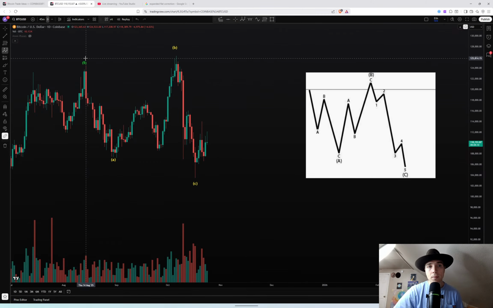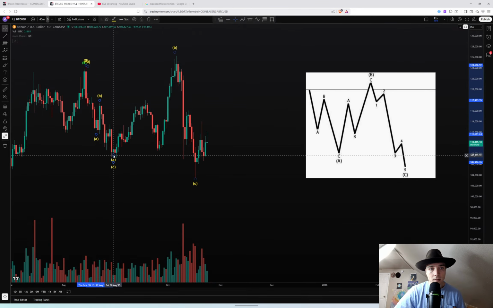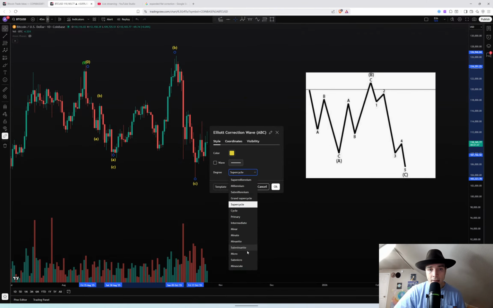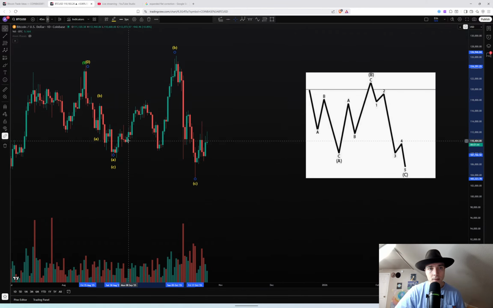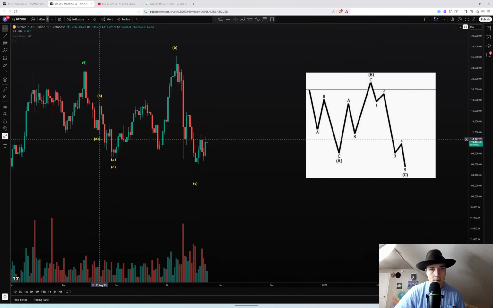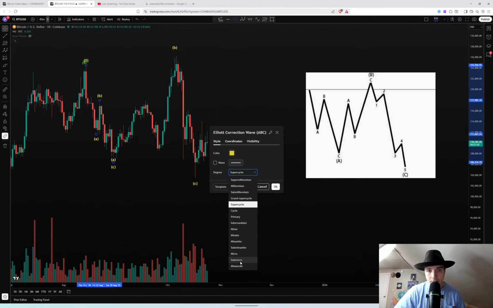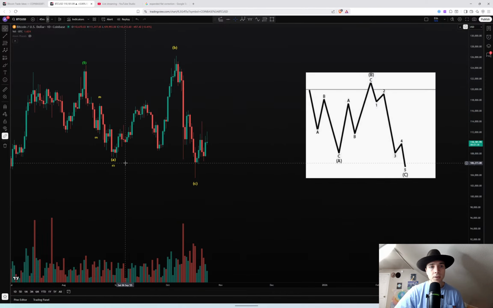So from the top of wave 5 down to the bottom of wave A, if you look at this graph, you can see A, B, and C in between wave 0 and wave A. So if we take our Elliott wave tool here, we can count wave A, wave B, and wave C. So we'll make these submicro, this one, submicro.